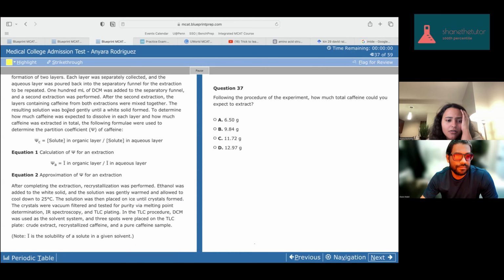Oh, okay, I see. Expected to extract. So I guess these formulas. It's like, because this is expected to dissolve. Okay, how much caffeine is extracted in total? I see.